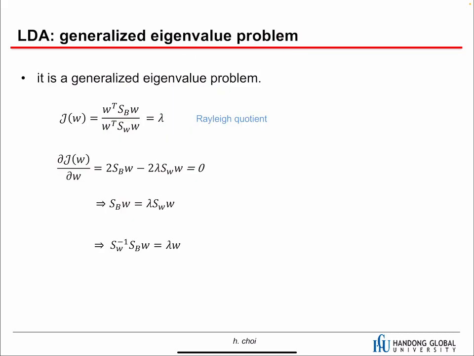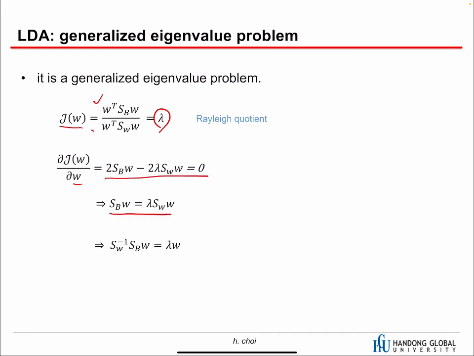And LDA is actually a generalized eigenvalue problem. In PCA, the problem was just eigendecomposition, right? But in LDA, we have a numerator and denominator. If we have lambda here, which is a Rayleigh quotient, then we take the derivative of this objective function with respect to w and set it to 0, and this is what we have.